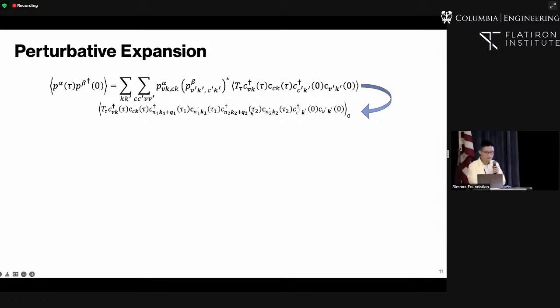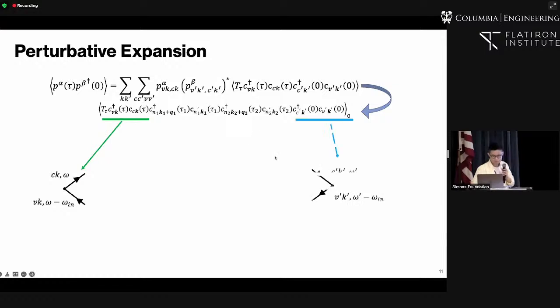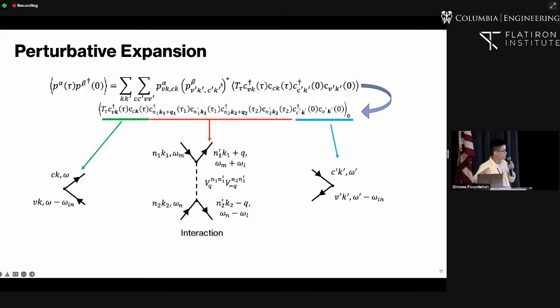Or equivalently, you can assign some diagrammatic representation to each component. For example, this pair of operators and this pair of operators come from the second quantized form of the momentum operator. And because you have some interaction, you will have some extra terms, which can be graphically represented in this way.